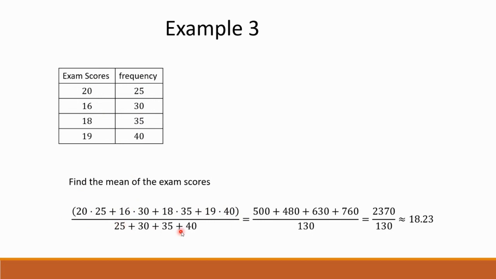That's what I'm doing here. And so you do this calculation. The top is equal to the sum, which is 2,370. There's 130 data values. That's adding the frequency. So this quotient is the mean, which is 18.23.